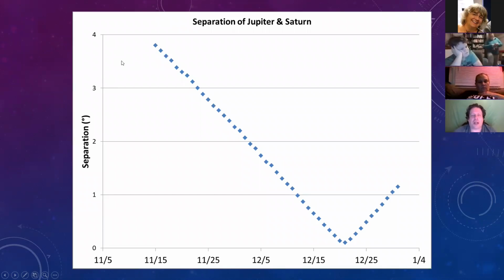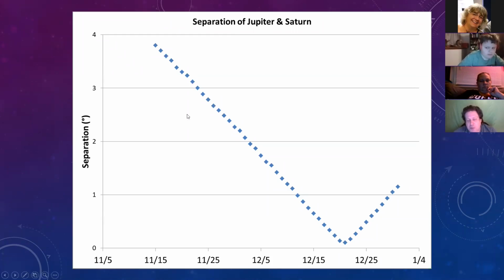And a little chart here is showing what the separation of Jupiter and Saturn is going to be, starting about now and going all the way through the third week in December. So right now it's November 23rd, and they're about 3 degrees apart. So 6 times the diameter of the moon. If you were to go outside and look, you would see that they're pretty close together, but still pretty far apart.